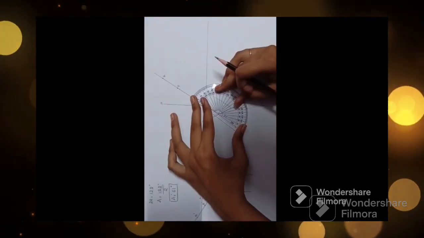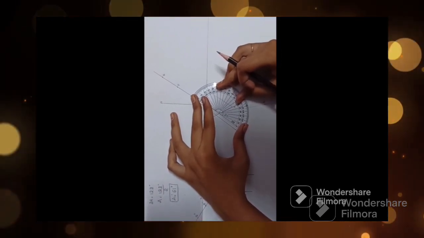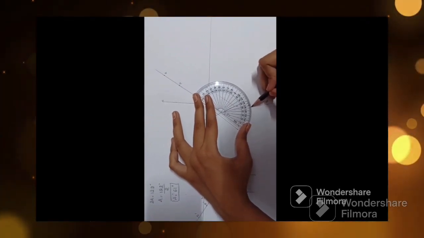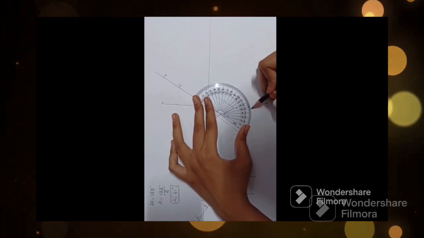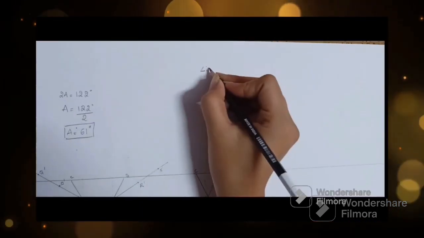So these are points P dash and Q dash. This is our angle of minimum deviation, that is our delta. So we can see here the angle of minimum deviation is 46 degrees.